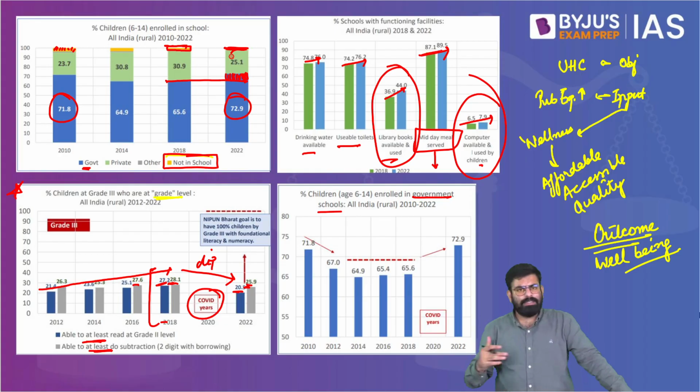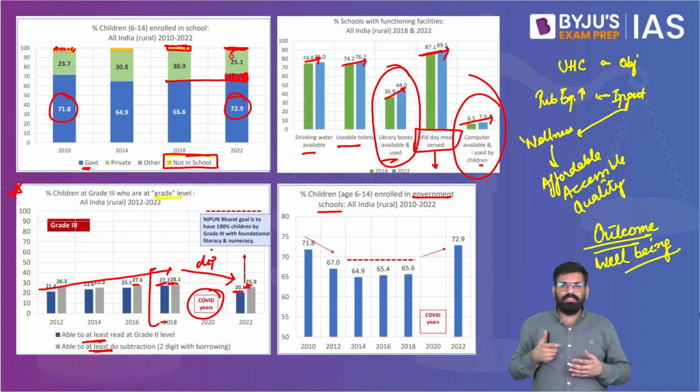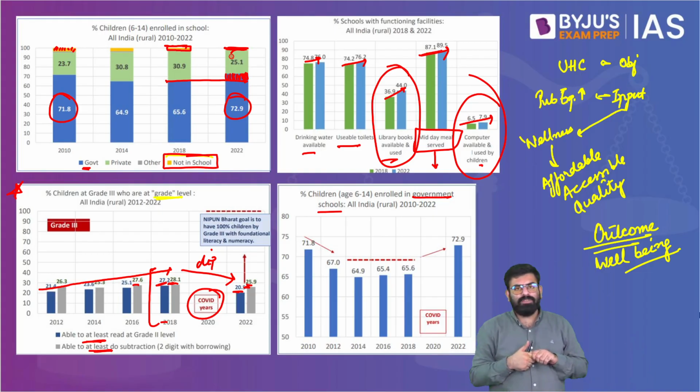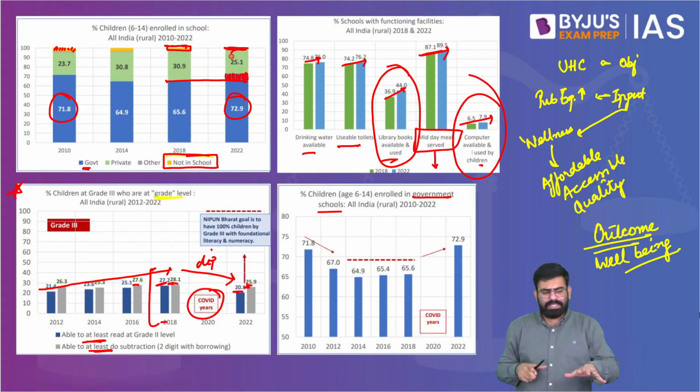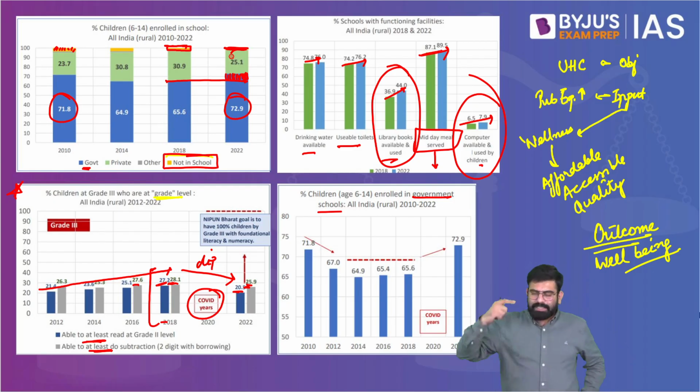So yes, it can be attributed to various factors, even though they have not highlighted the factors. But you think about this, because of COVID, students were not able to go to school. Now what happens is, when it comes to offline way of teaching, there is a sense of discipline in the students, that they know that they have to sit, they have to behave, they have to listen to the teacher.